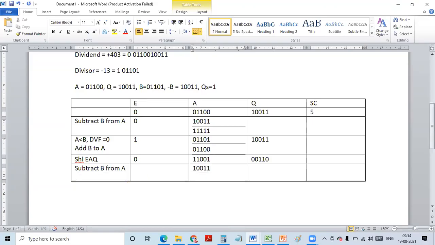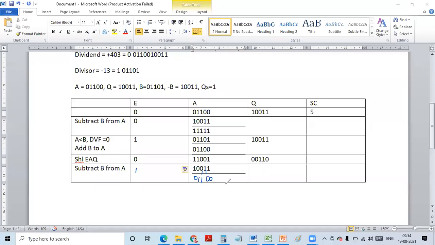You have to add this. So we'll be getting here 1, 1 and 1, 0.